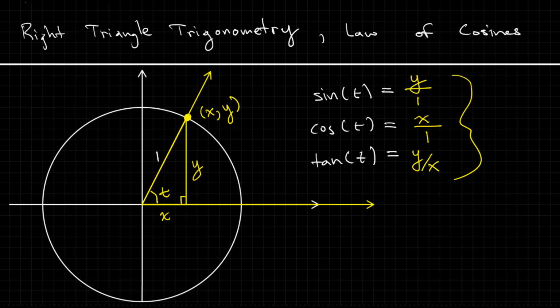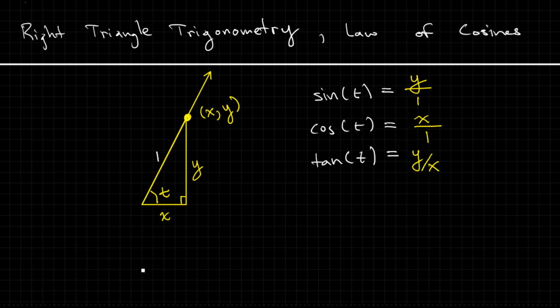So now I have this triangle drawn inside the unit circle, and I have my trigonometric functions written down, but I don't need the unit circle in order to draw the triangle that I have here. That is, if I erase everything about the unit circle here, then my drawing still makes sense.